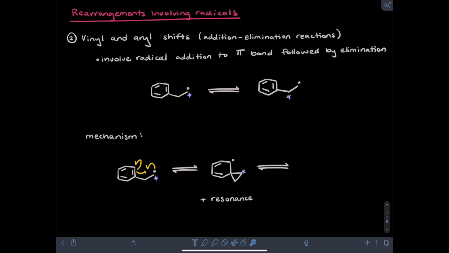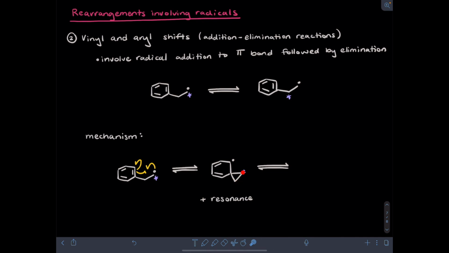In order to get to the product where the carbon-13 is in between the phenyl group and the radical center, I'm going to reform the pi bond and form the radical at the non-labeled carbon instead.